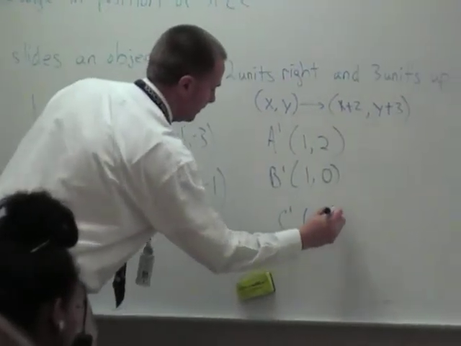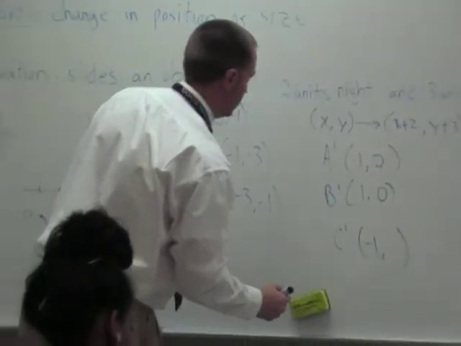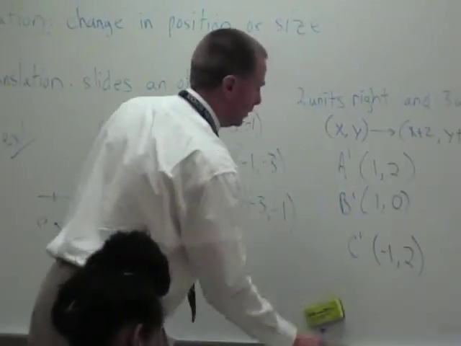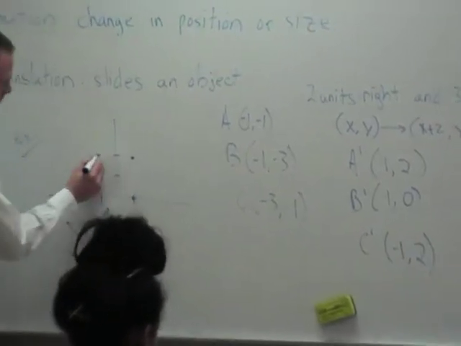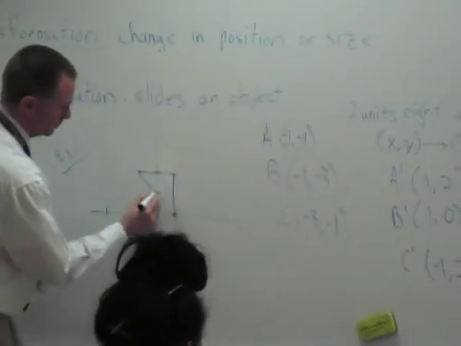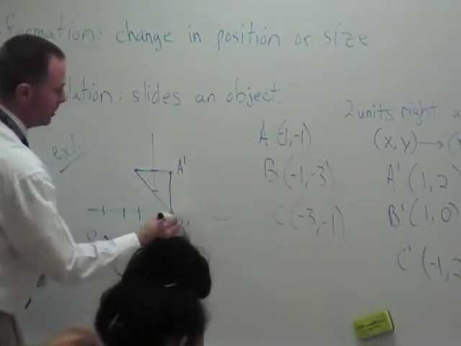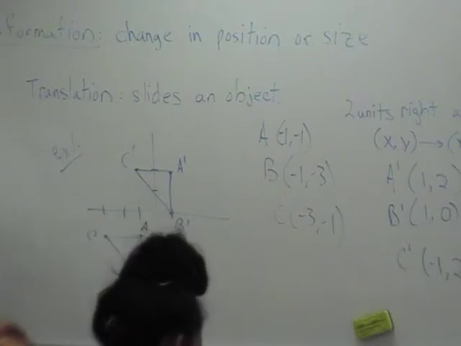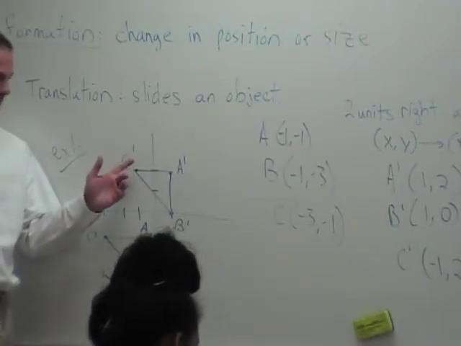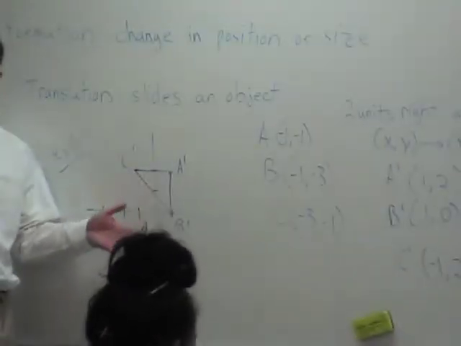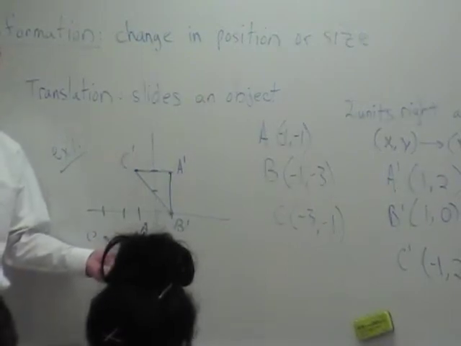C prime is -1, 2. So what was this? A prime, B prime, C prime. Just by looking at the picture, the image you get, the answer you get, is your prime picture. Got it? And this is what we started with.